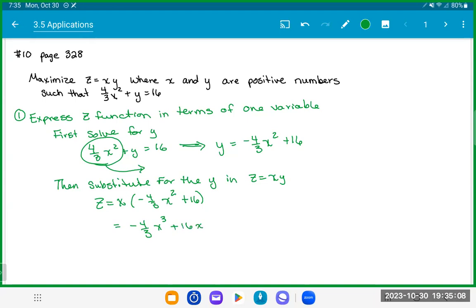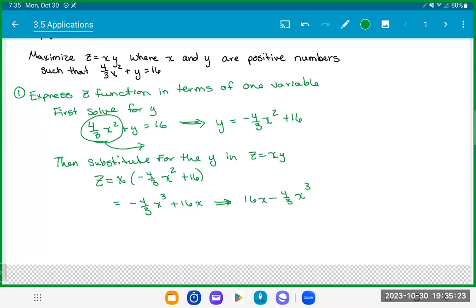I'm going to rewrite this because I personally prefer to have the positive first. So that's the same as 16x minus 4/3 x cubed. Either way is correct though.